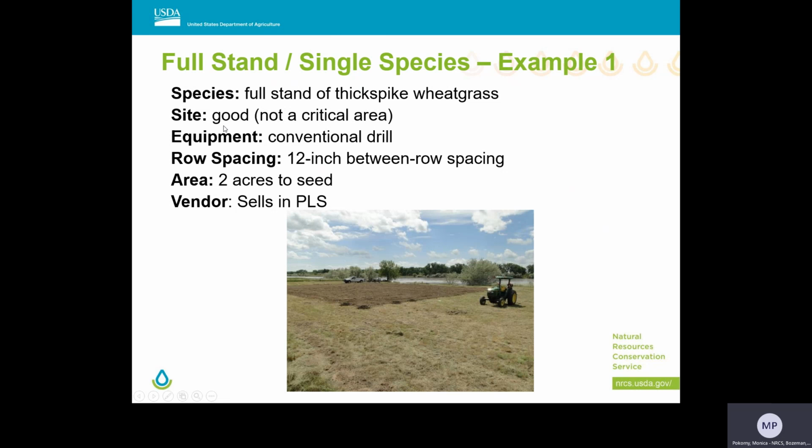You know that it's a good site, it's not a critical area, and you know that you're going to be using 12-inch between row spacings. And you want to seed 2 acres. And also in this example, you're going to be purchasing seed from a dealer where you can request to buy the seed in pure live seed. So what is it in this case that we need to calculate?